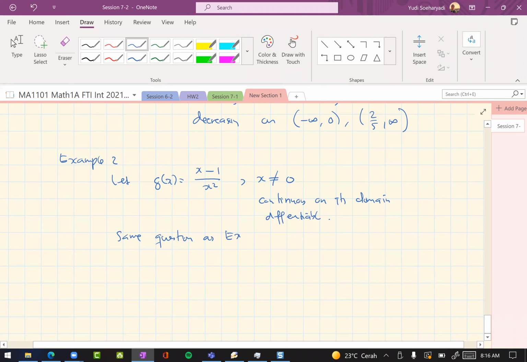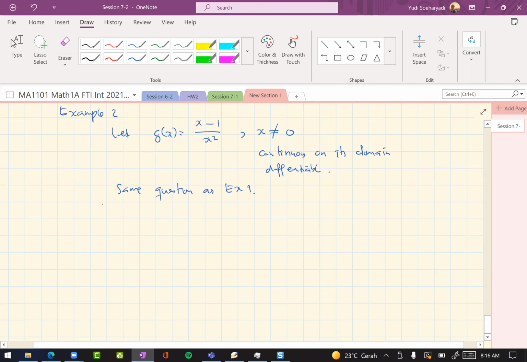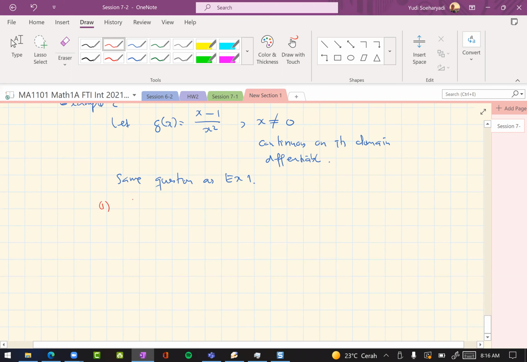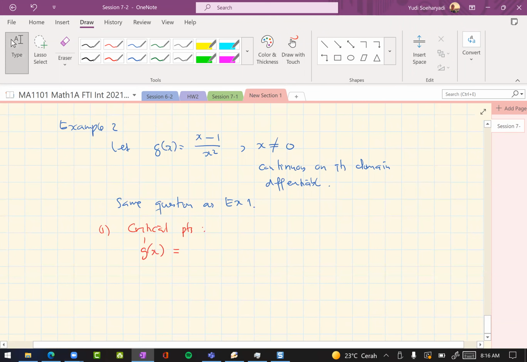So what we need to do first is to find the critical points. That means find the derivative. Okay, the derivative of the numerator is 1. So just take that, and the derivative of the denominator is 2x times this, over the square of the denominator, so power 4.